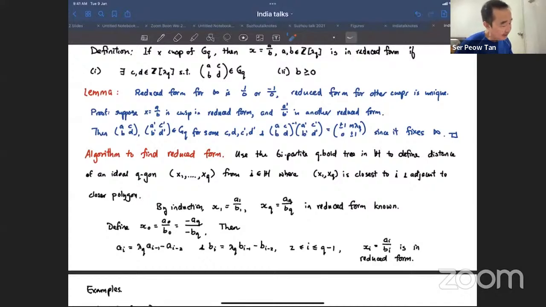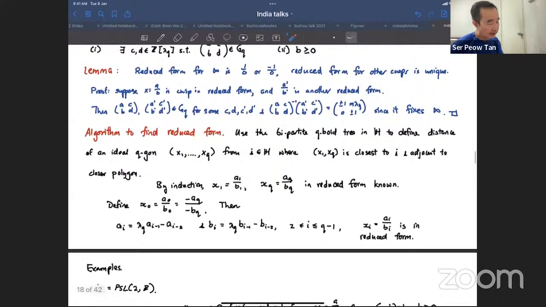Having said that, we go to the second problem, which is how do you find the reduced form of a given cusp? We're going to generalize this idea of the Farey construction, the Farey addition that is used to construct the Farey triangulation. As I said, we have two Q-gons which are closest to I, and after that, successive Q-gons are further away.